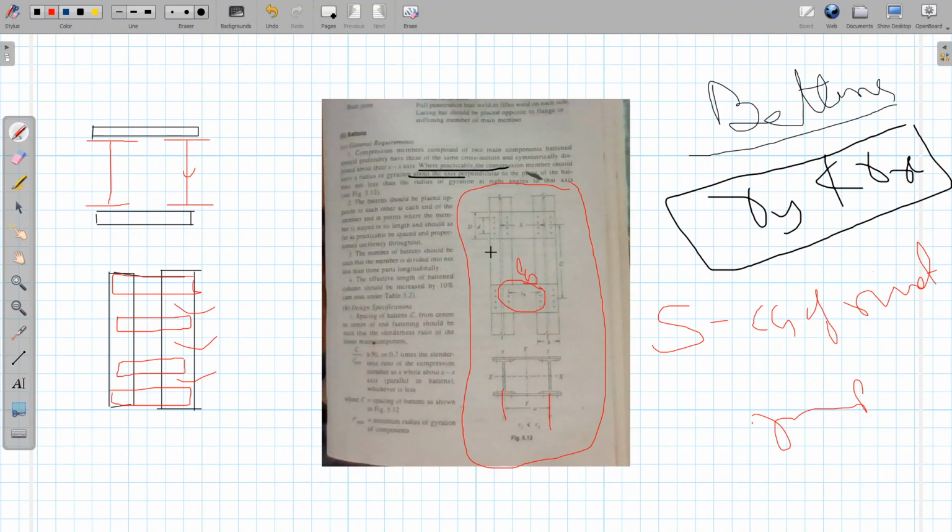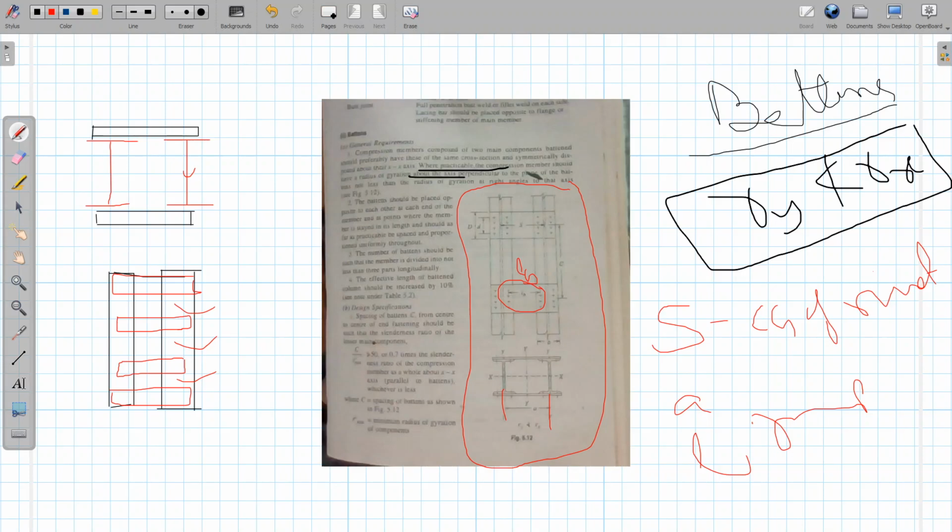But in one case L_B and S can be equal, and in another case S and A can be equal. So these are the meanings of S, A and L_B, the symbols I have used. Keep this in mind, otherwise there will be confusion.